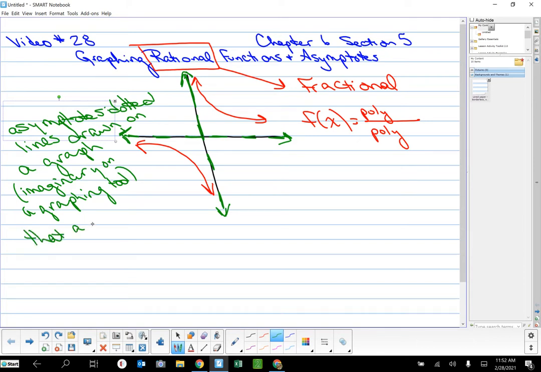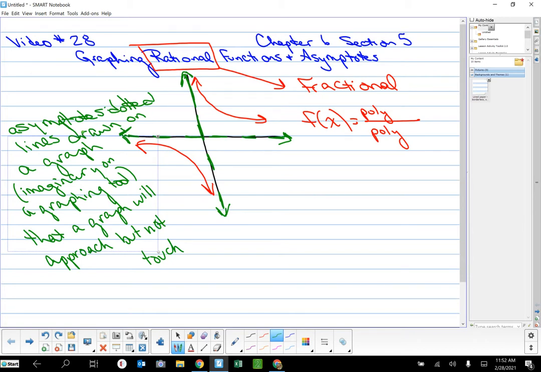That a graph will approach but not touch. Okay, so you draw them in as dotted lines because they're not actually the graph.